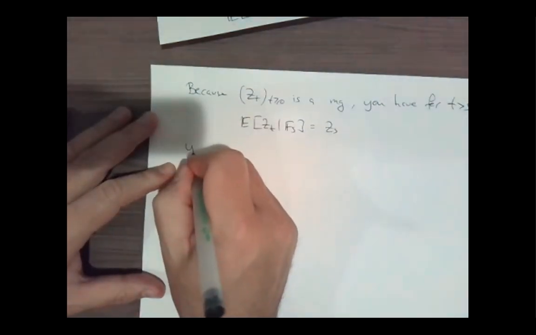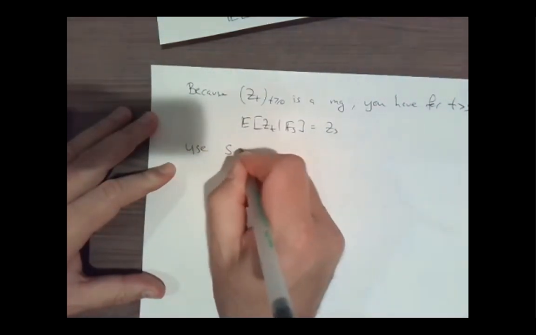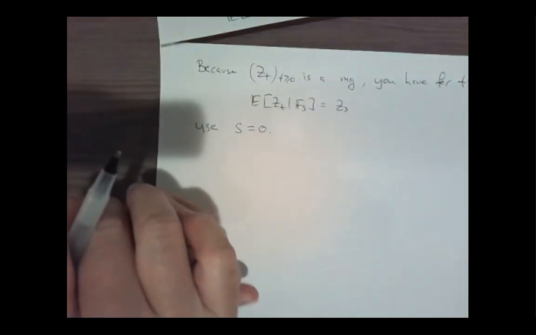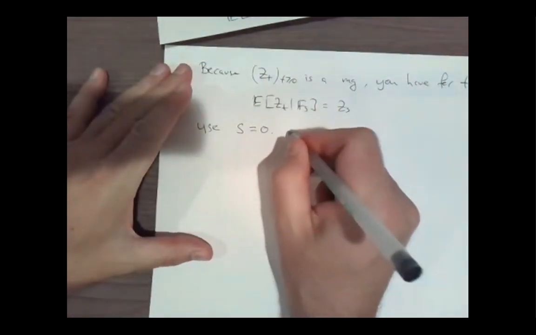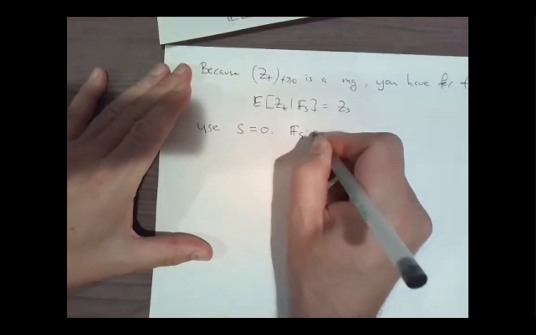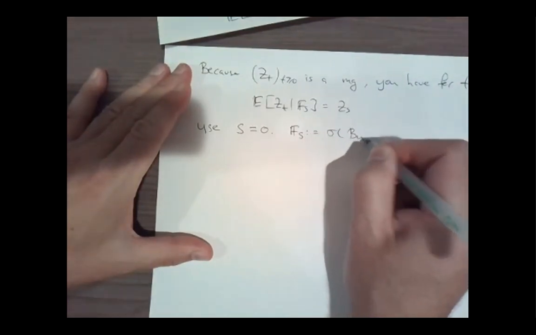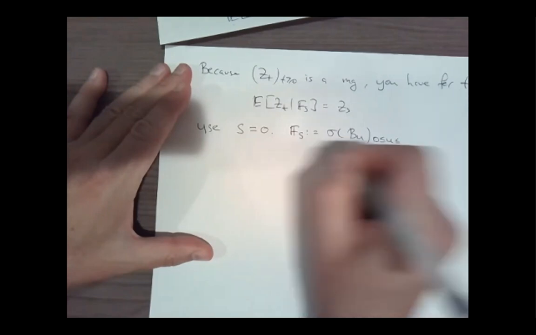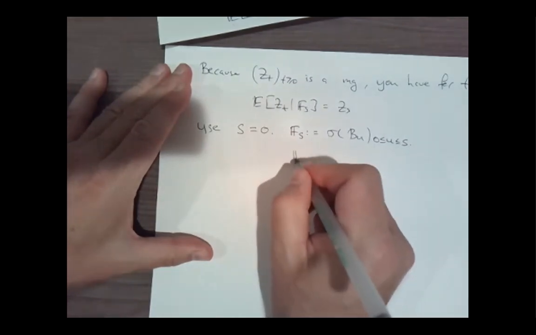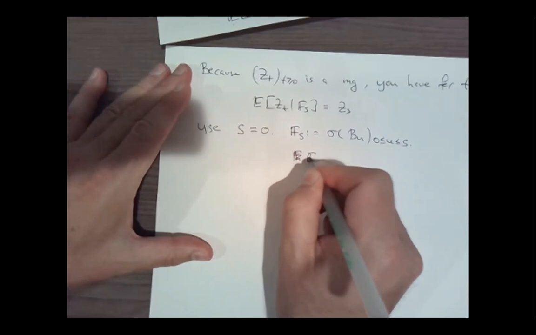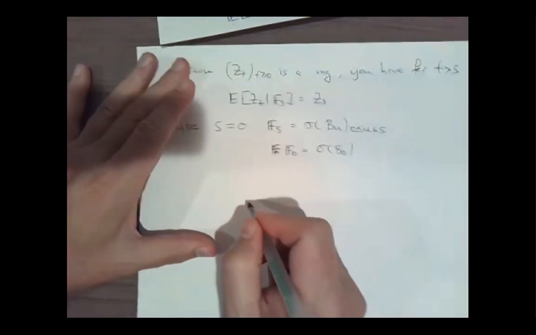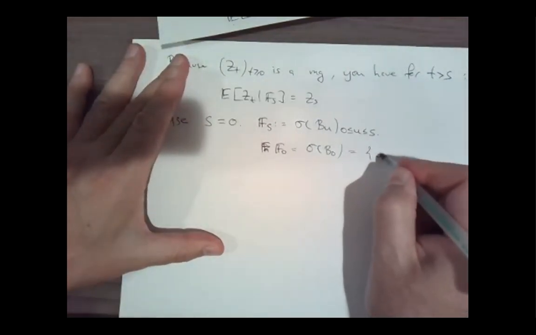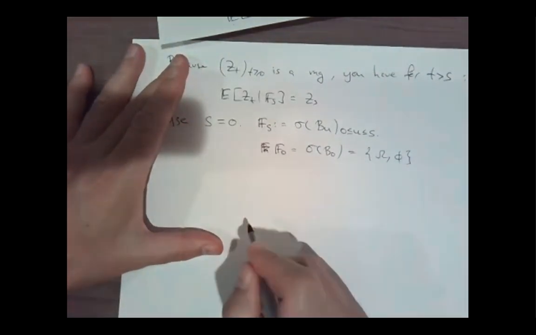And now use s equal to 0. F_s is the sigma algebra generated by B_u when u runs up to s. So your F_0 is the sigma algebra generated by B_0, but B_0 is 0, so this is going to be your omega and the empty set.